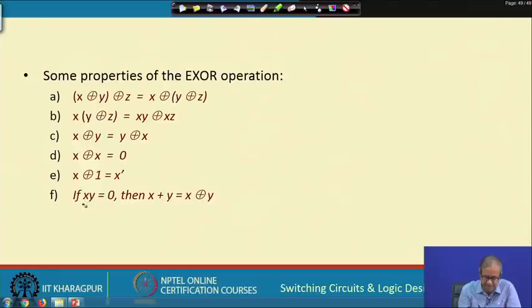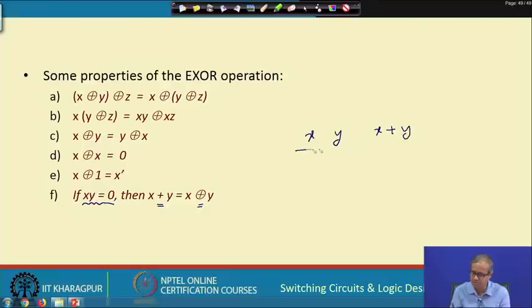If the AND of these two is 0, then OR and XOR I can replace, they are equivalent. Well, why is it so? You see, if you look at the truth table of a function, let us say x or y. So, if I say x or y, what is the truth table?